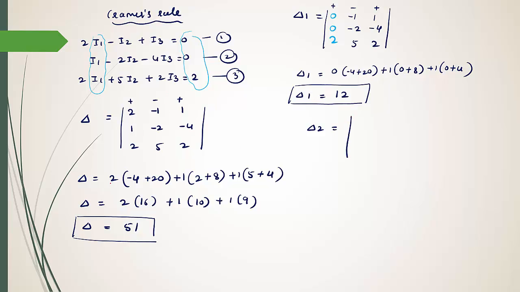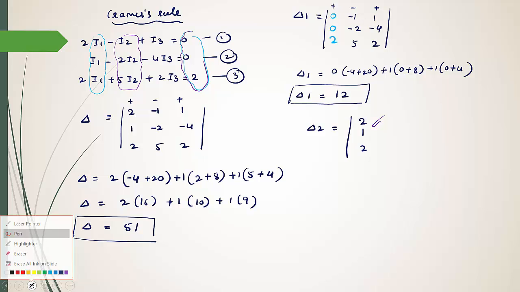Similarly, we have to find delta 2. Delta 2 means I want the value of I2. So in place of I2, the second column, we have to write the resultant values. The first column we keep as it is, that is 2, 1, 2. In the second column in place of I2 we write 0, 0, 2.